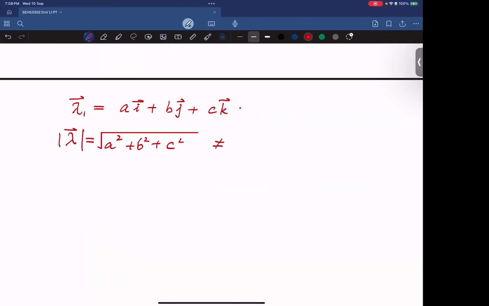If the magnitude is not 1, then lambda is not a univector.